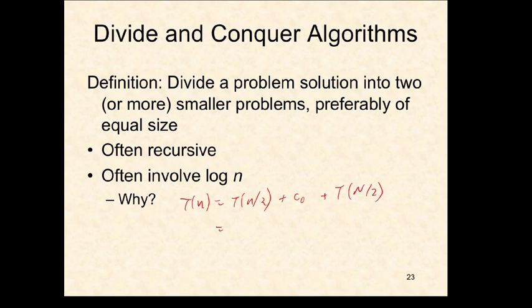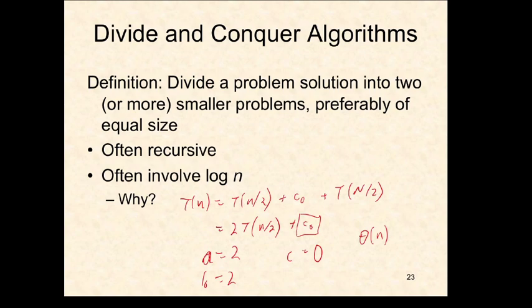So that's equal to 2T of n over 2 plus C0. We plug this into the master theorem. We've got A is equal to 2, B is equal to 2, C is equal to 0 because this is a polynomial of degree 0. Plug that into the master theorem and we get big theta of n.